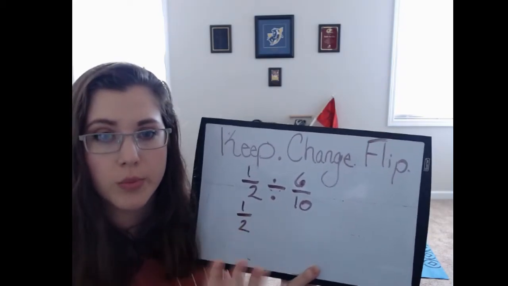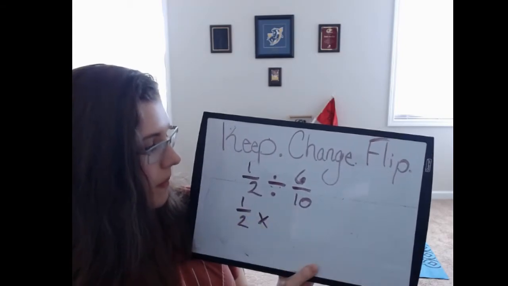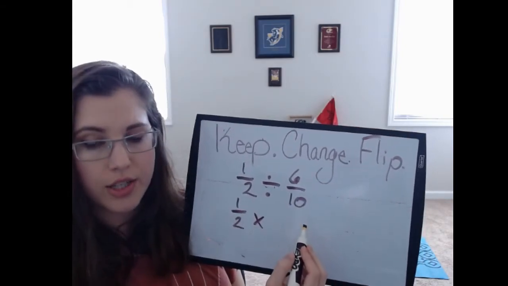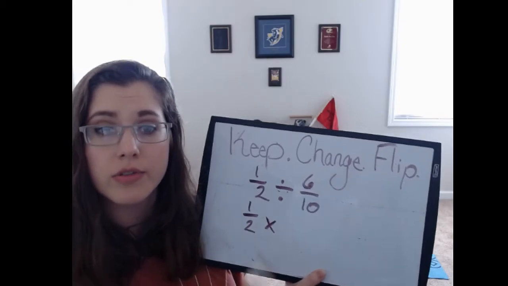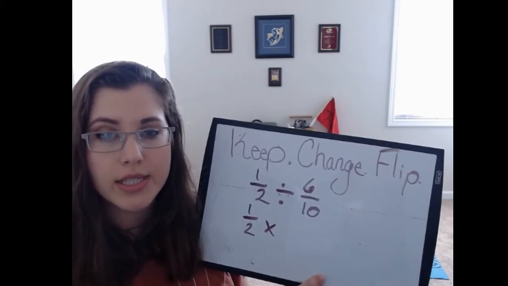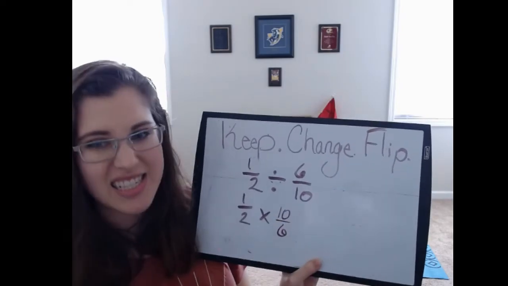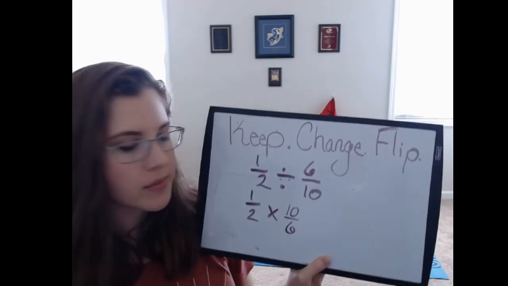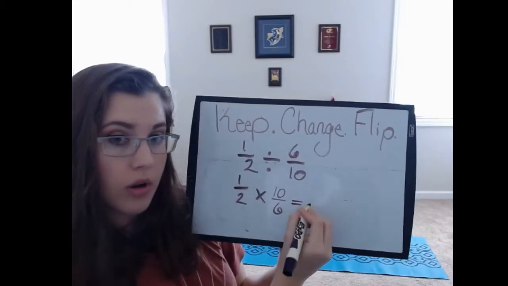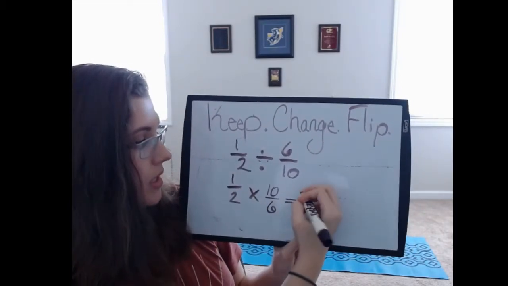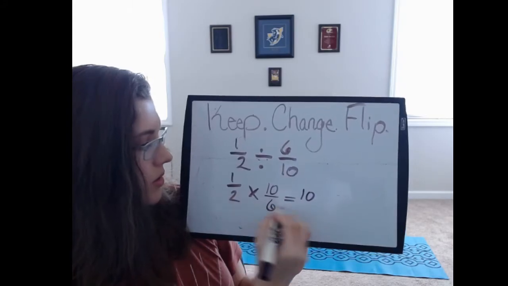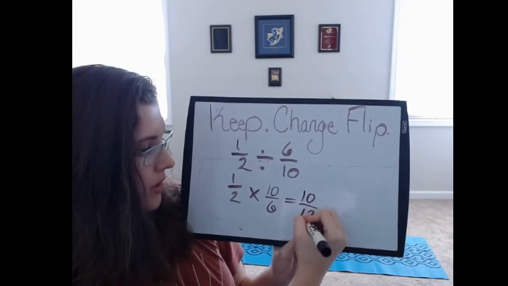Opposite of division is multiplication. Flip your second fraction. Another word for flip, remember, is reciprocal. So 6/10 turns into 10/6. Now we just go across like we've been doing. 1 times 10 is 10. 2 times 6 is 12.